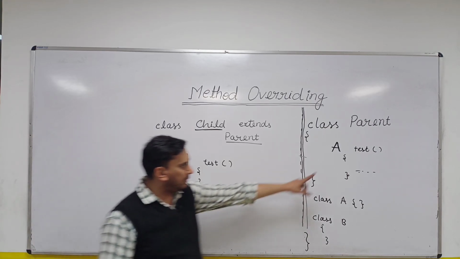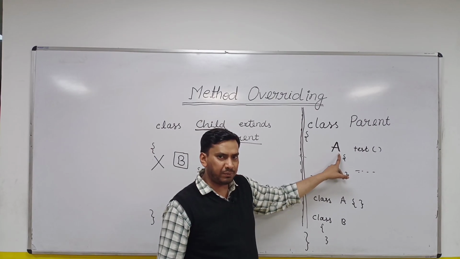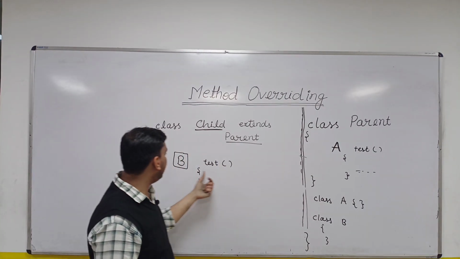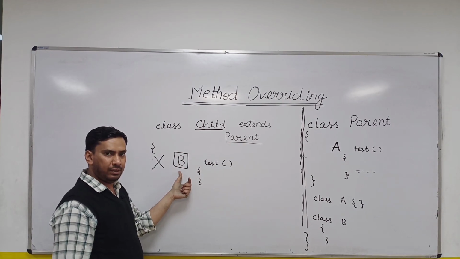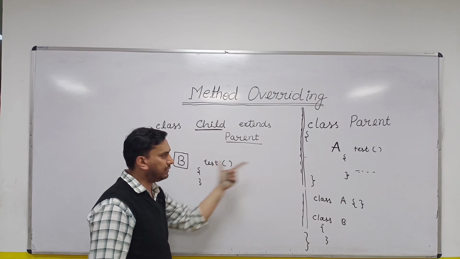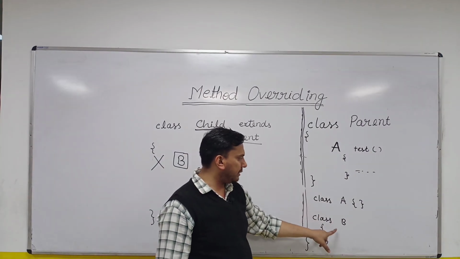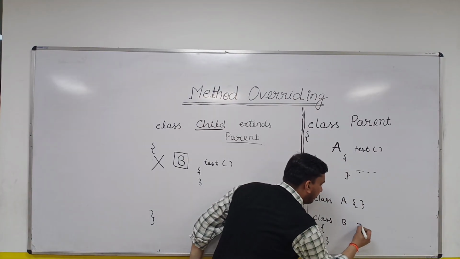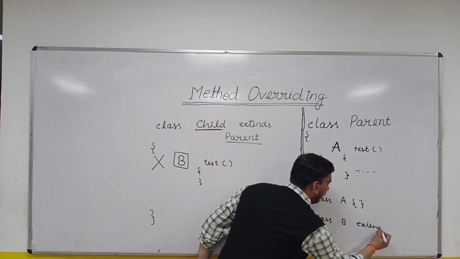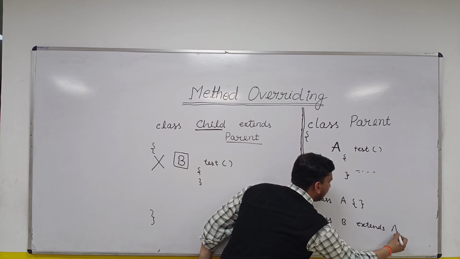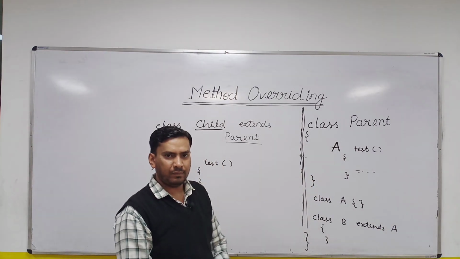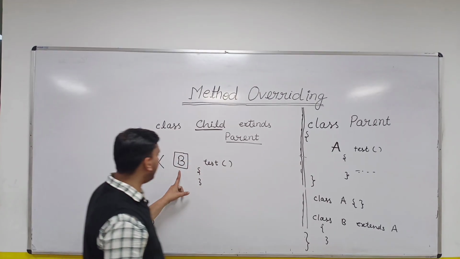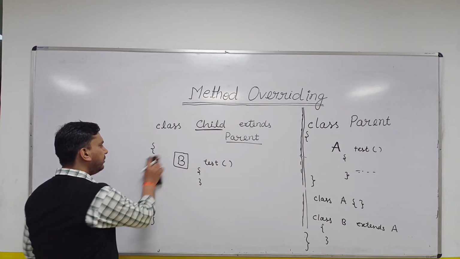Why? Because this test method is returning A type of object, but that test method is returning B type, and B is not having any relation with A. A is a separate class, B is a separate class. So this is a compilation error. But if I write that B is a subclass of A, B extends A, now B is a subclass of A. Is it allowed now?